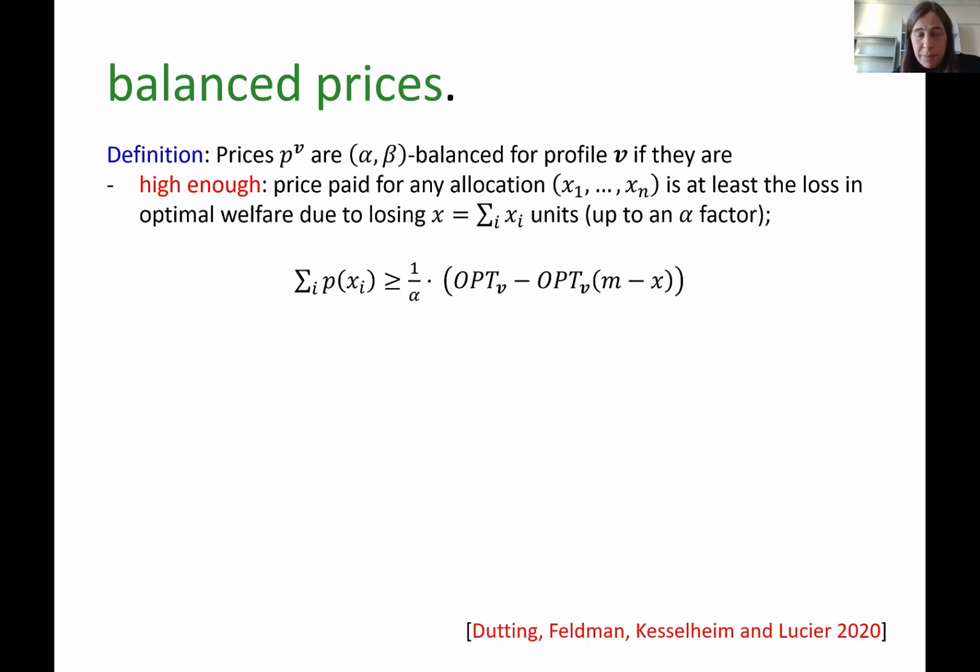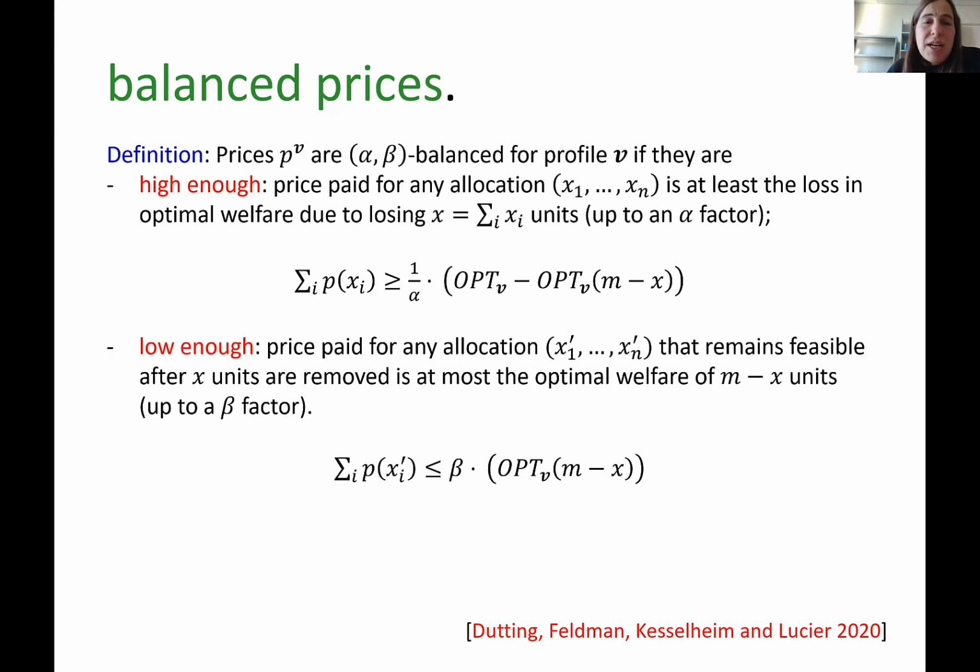And the property that we end up needing for prices to perform well is something called balancedness. So prices are balanced if they're high enough that the prices paid cover the loss in optimal welfare due to the allocation, and they have to be low enough such that these prices remain feasible even after these units are removed.